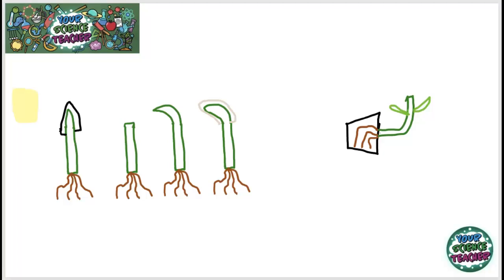The first required practical we are going to take a look at is how plants respond to a stimulus. Now, the main thing that they probably are going to ask you about is how a plant responds to light. And we call a plant's response to a stimulus tropism.